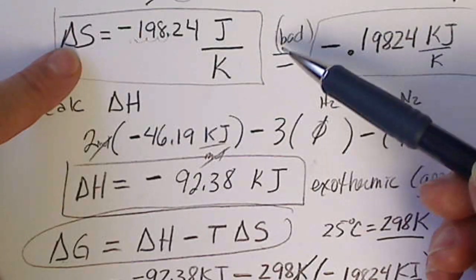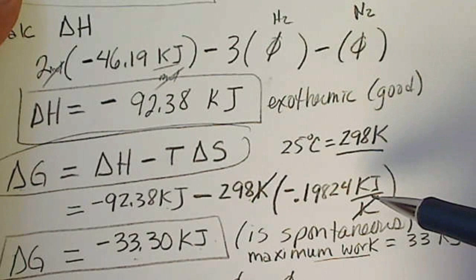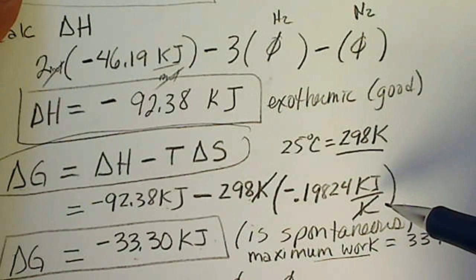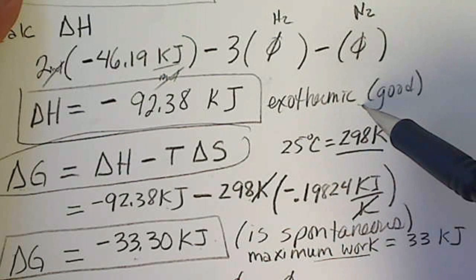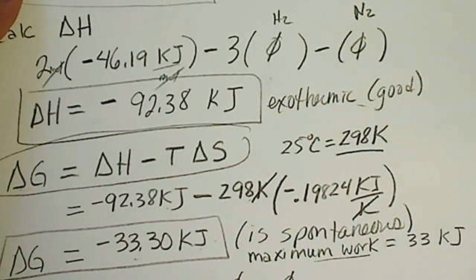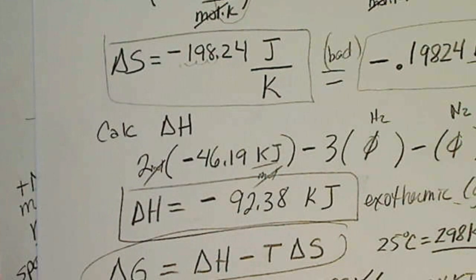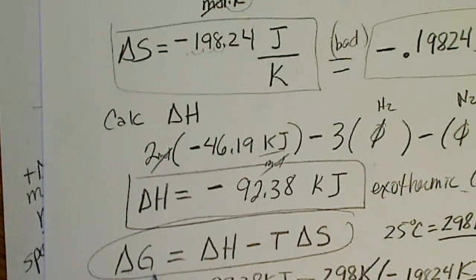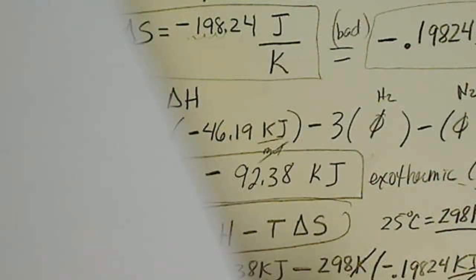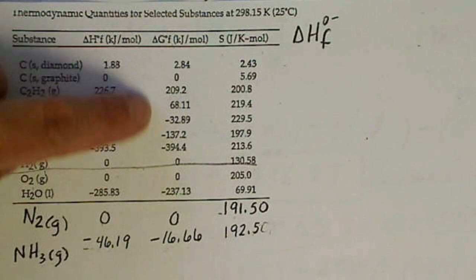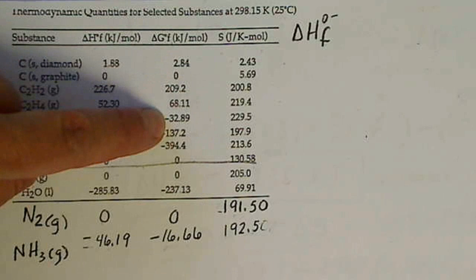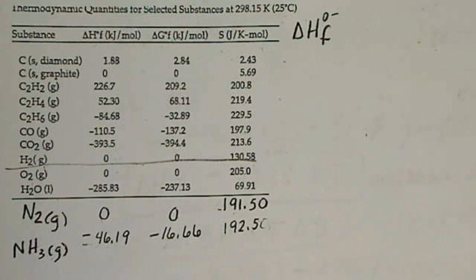The delta S term is unfavorable. The delta H term is favorable. So we might solve for the temperature at which the reaction goes from spontaneous to non-spontaneous. But otherwise, if we're going to calculate delta G, we should just go straight to the table and do the sum of all the products minus the sum of all the reactants.